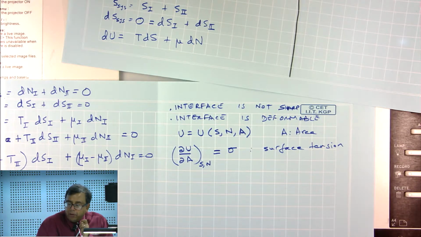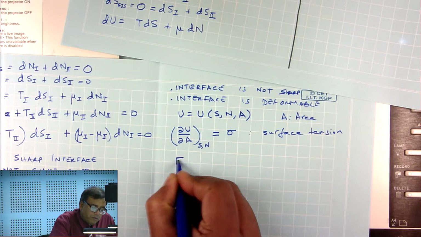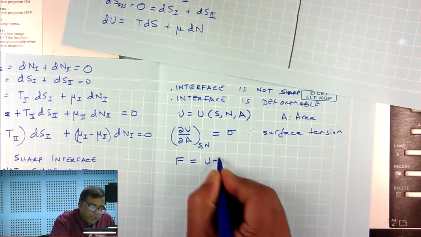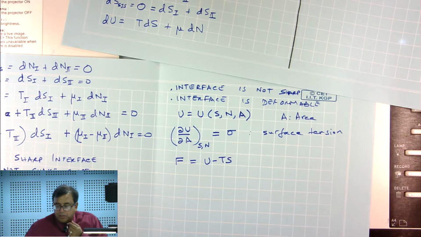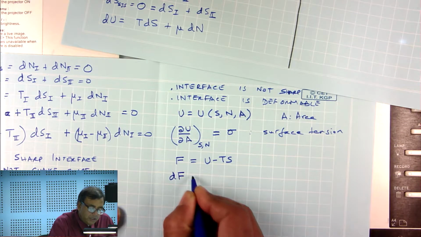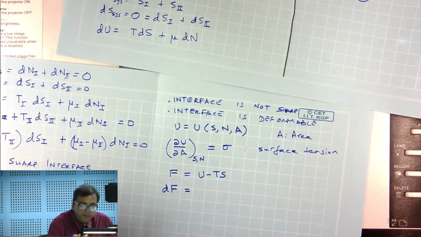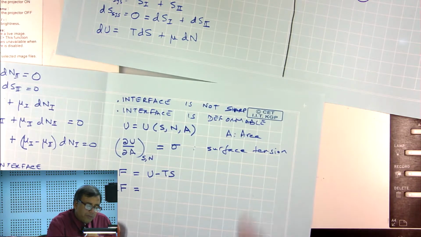And so, if I look at the Helmholtz free energy, U minus TS, that is the work that I can extract out of the system, that is the definition. So, let us say the surface deforms, or some molecules from phase 1 go into phase 2. The other thing I forgot to mention.